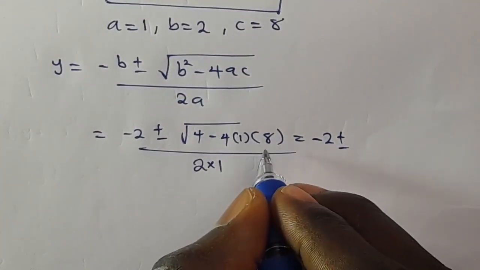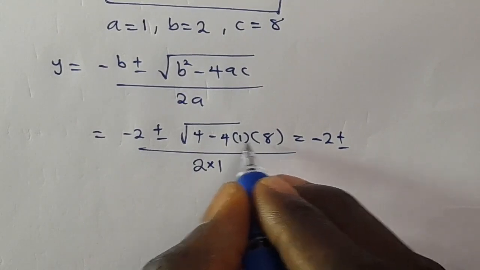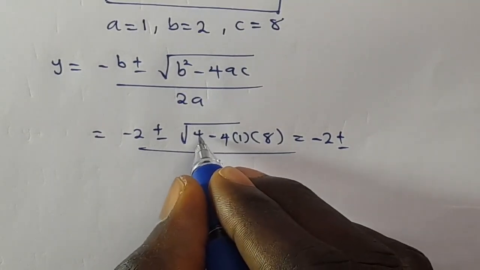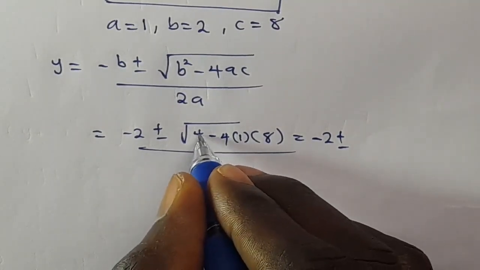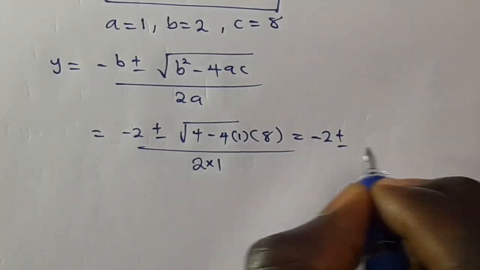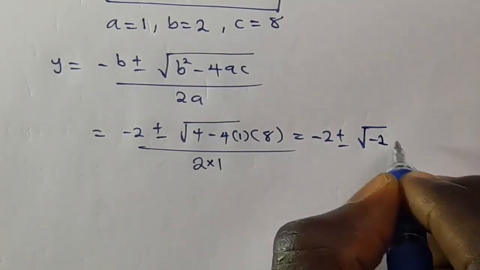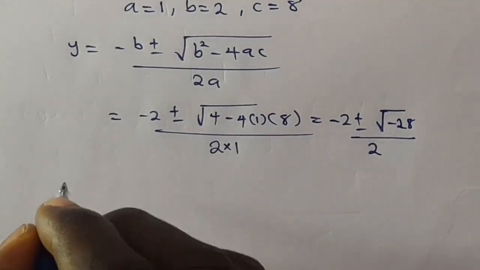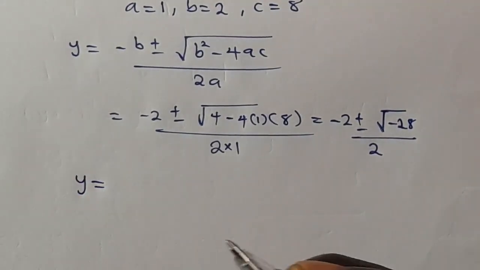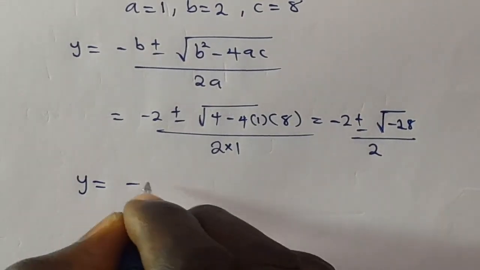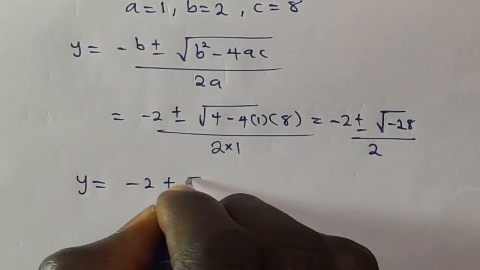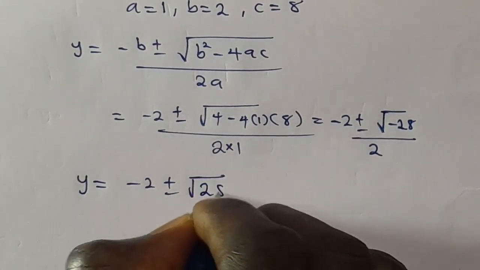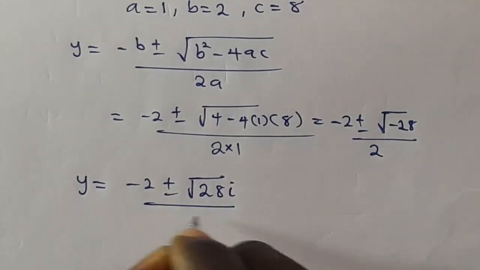This multiplied by this will be 32, minus 32 by what? 4 minus 32, we have it to be square root of minus 28 divided by 2, which implies that we have our y to be equals minus 2, positive or negative, square root of 28i, then divided by 2.